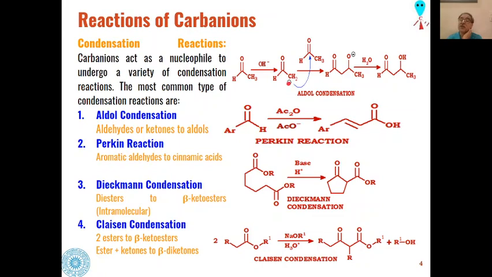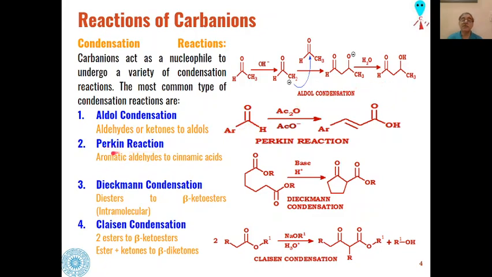This carbanion will act as a nucleophile, and it will attack the electrophilic carbon of the second carbonyl molecule. Like this, these types of products, which are called aldol products, are formed. This reaction is known as aldol condensation. And we can see that in aldol condensation, carbanions act as reaction intermediates for the formation of aldol products.